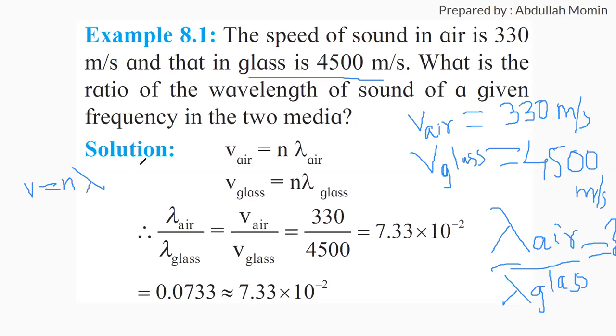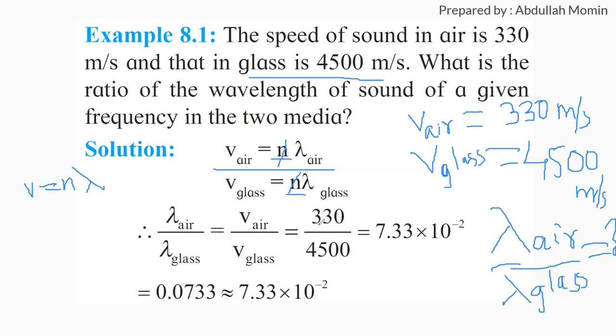When sound enters from one medium to another medium, and in this case air to glass, the frequency of sound does not change, it remains constant, but wavelength changes. That's why the speed changes. So we are going to divide this equation, and n will get cancelled, and we will get lambda air upon lambda glass is equal to V air upon V glass.